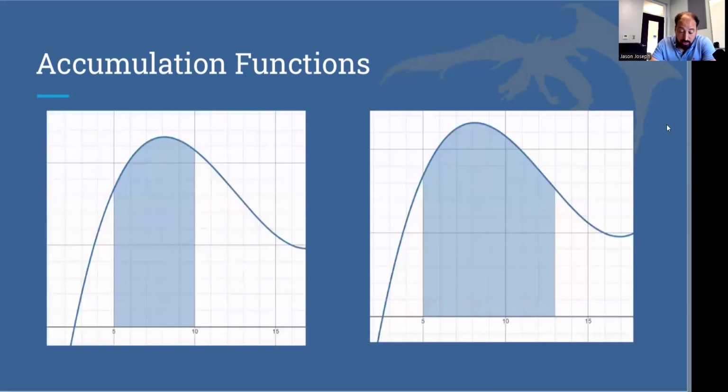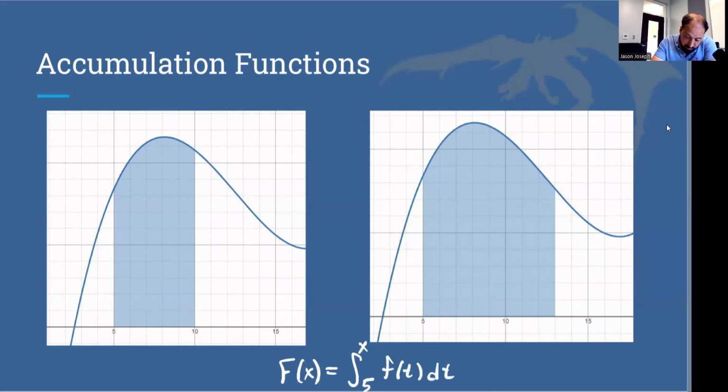It's really best to understand this with a picture. So here, big F of x is going to be the integral from 5 until x of f of t dt. So here we're thinking of this as the t axis, and this blue function is little f of t.